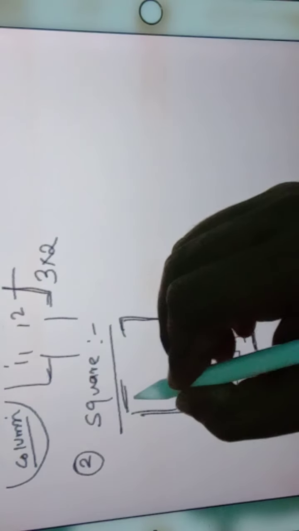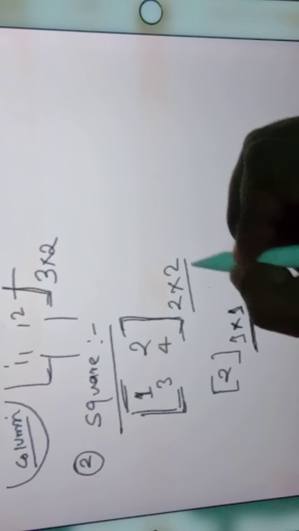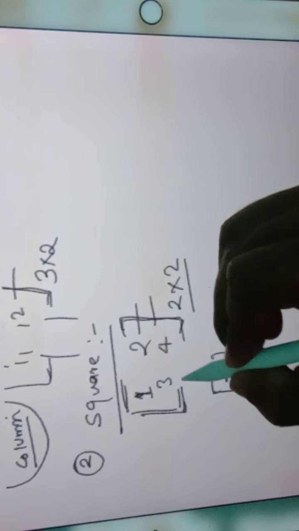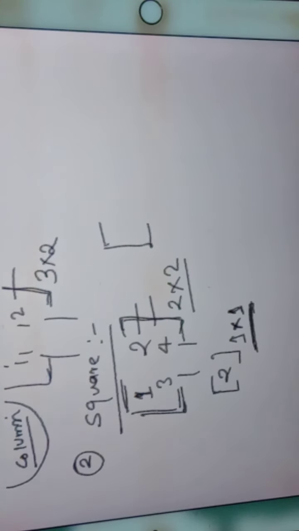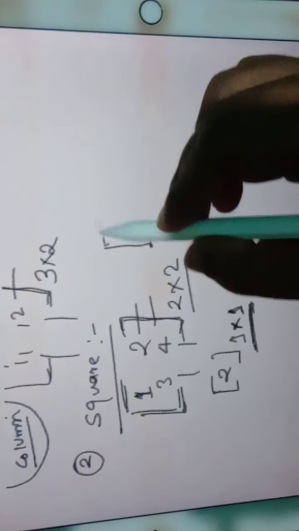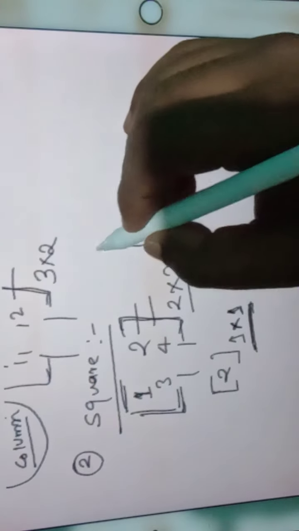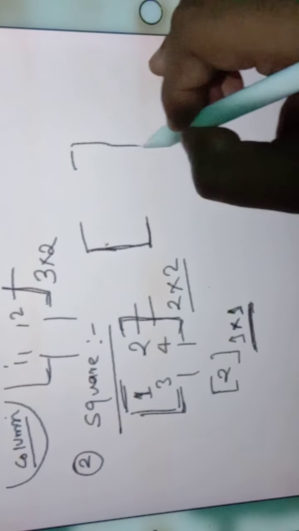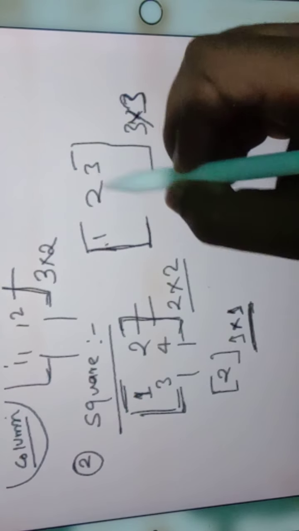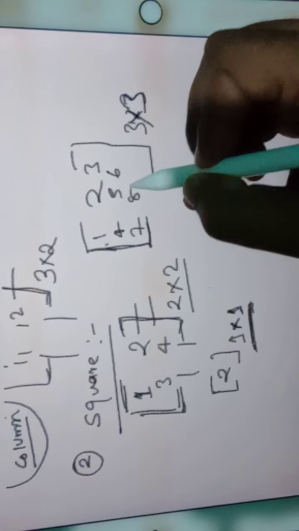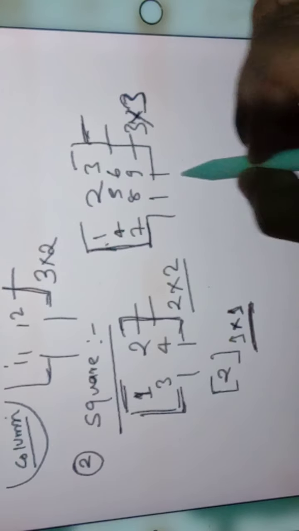Then 2 cross 2, that is 2 rows and 2 columns. Then 3 by 3, 1 2 3 4 5 6 7 8 9, like that. 3 rows and 3 columns.